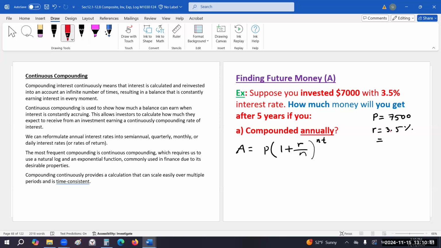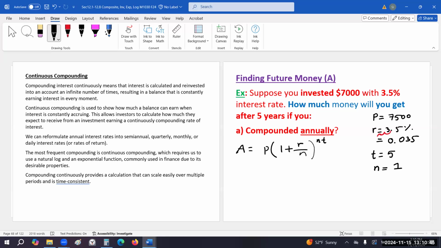You move your decimal 2 places to the left. Always move your decimal 2 places to the left to convert the percent into decimal. Time: for how long are we investing? 5 years. And finally, in this example, how many times are you compounding in a year? Once.